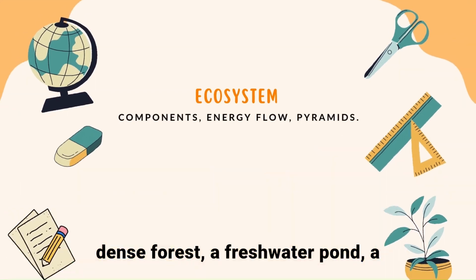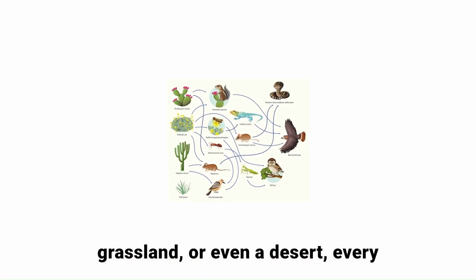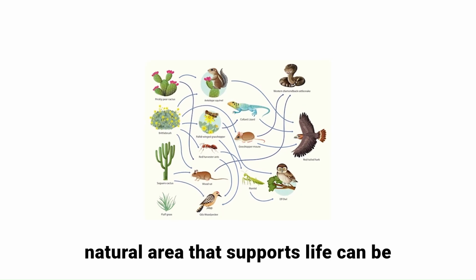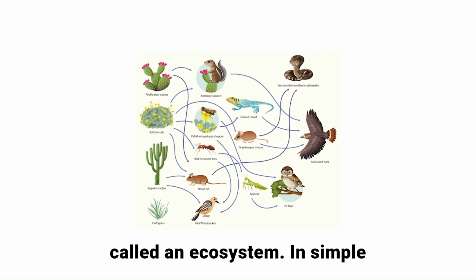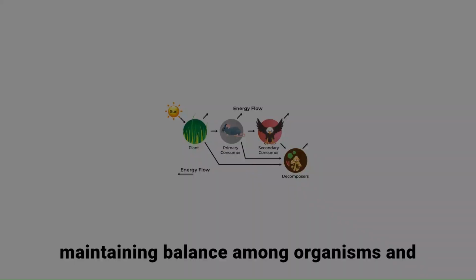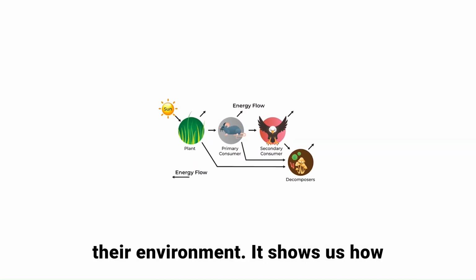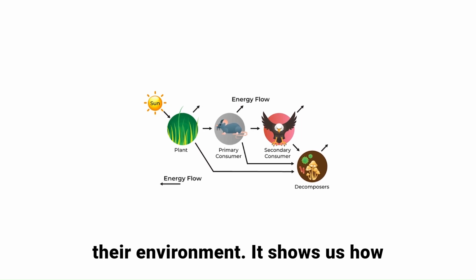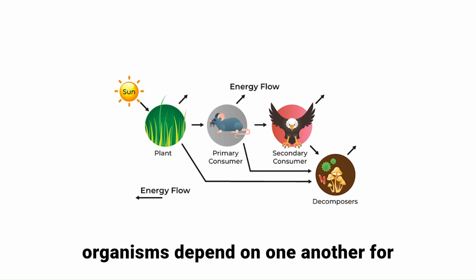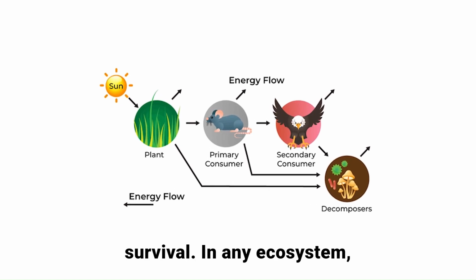Whether it is a dense forest, a freshwater pond, a grassland, or even a desert, every natural area that supports life can be called an ecosystem. In simple terms, an ecosystem is nature's way of maintaining balance among organisms and their environment. It shows us how energy flows, how nutrients cycle, and how organisms depend on one another for survival.